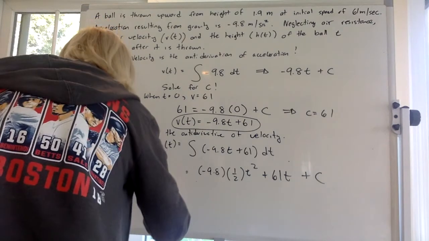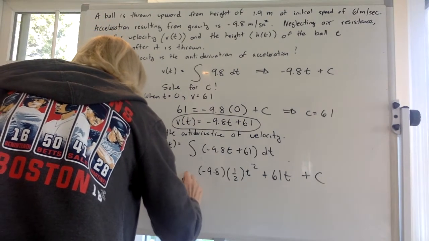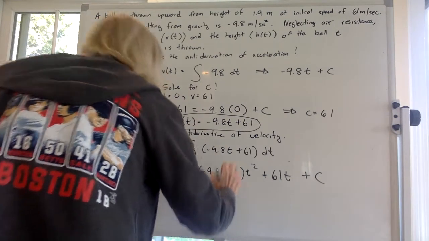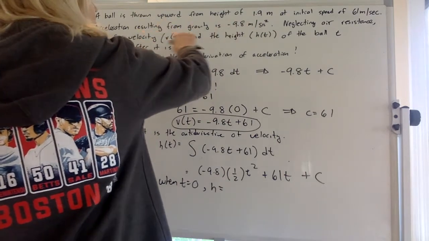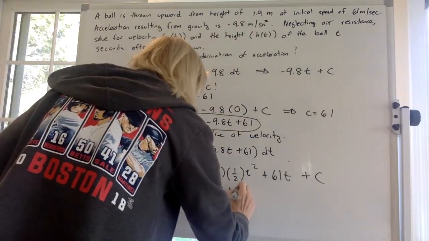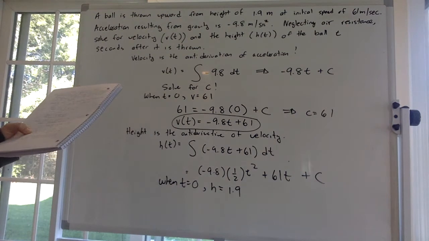Well, they told us when t was equal to 0, what was the height? The height was 1.9. When t equals 0, the height was 1.9.